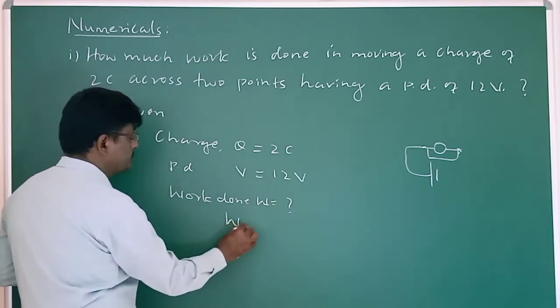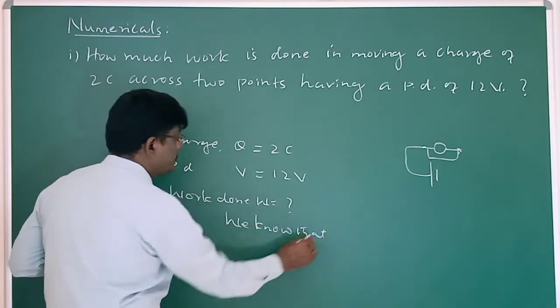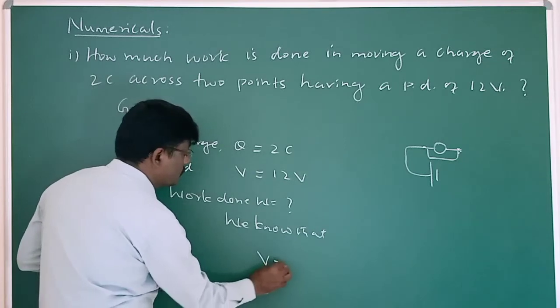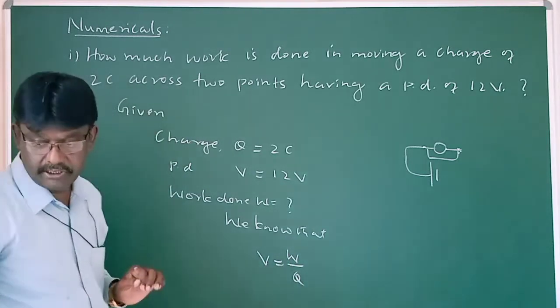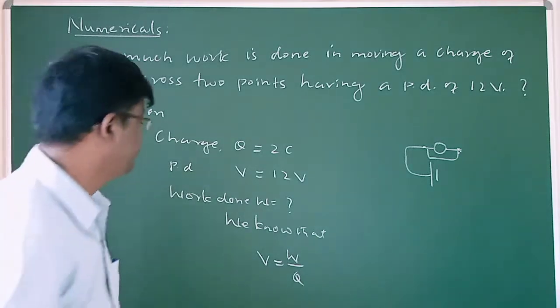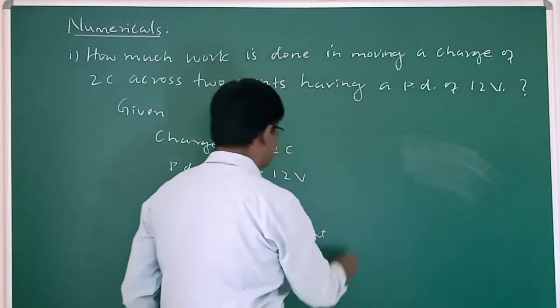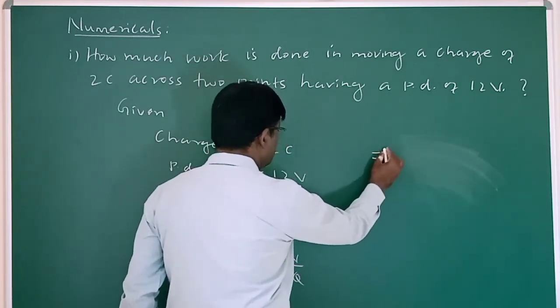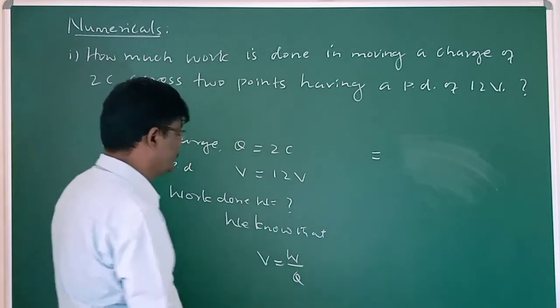We know that V equal to W by Q. Now therefore, below this, we have to substitute. W is unknown.